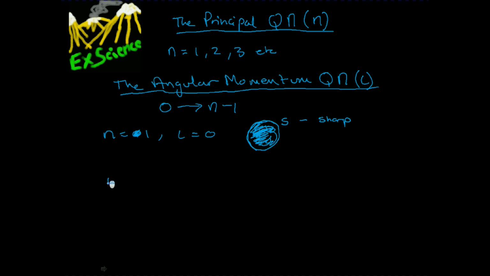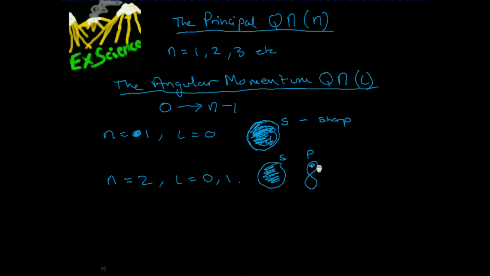When n equals 2, the values of L can be 0 and 1, since n minus 1 is 1. This gives rise to one s orbital and a set of p orbitals.